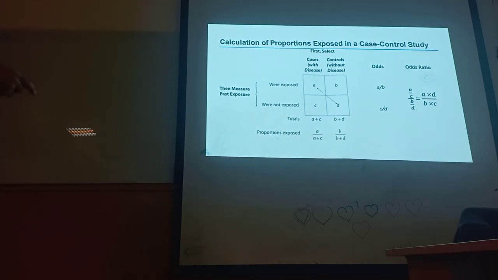So if we want to calculate odds ratio, we should divide these two odds: odds of exposure in cases divided by odds of exposure in controls.